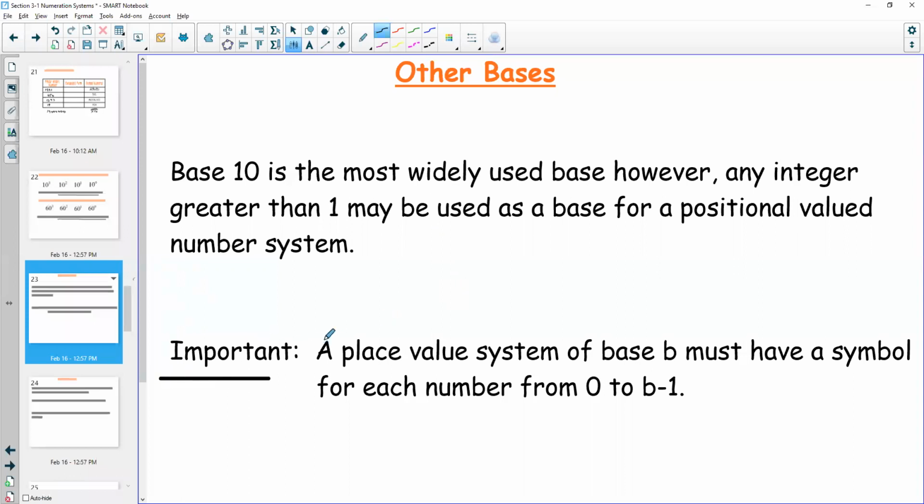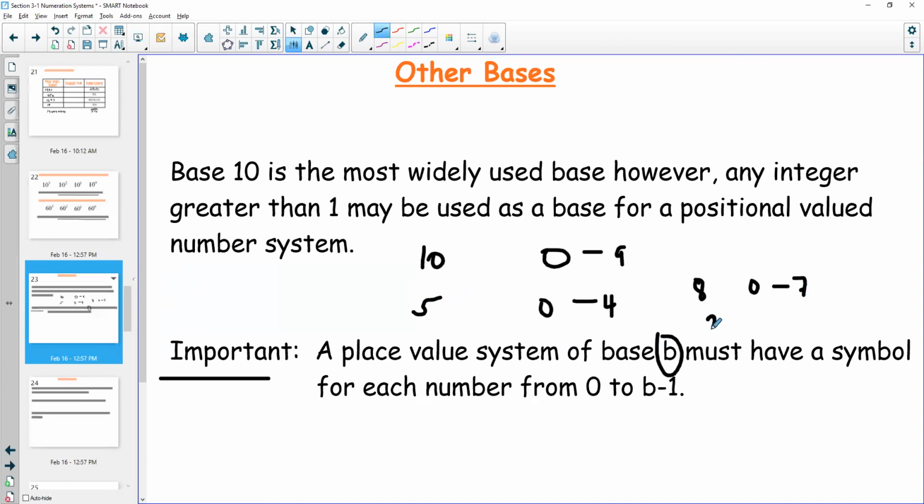It's important to note that a place value system for any base has a symbol for each number from 0 to whatever one less than that base is. Think about base 10. In base 10, we use 0 through 9. What this means is that in base 5, our digits are going to be 0 through 4. In base 8, our digits are 0 through 7.